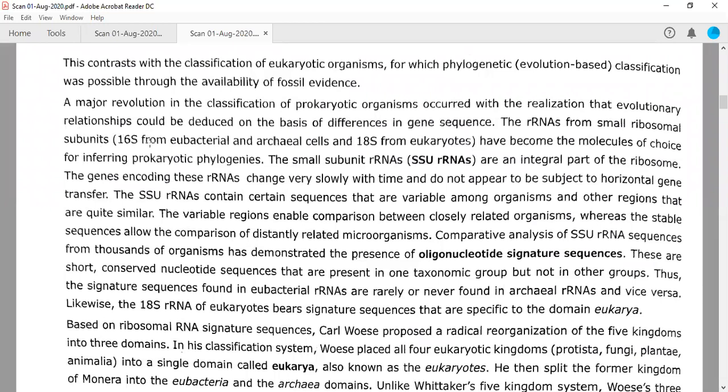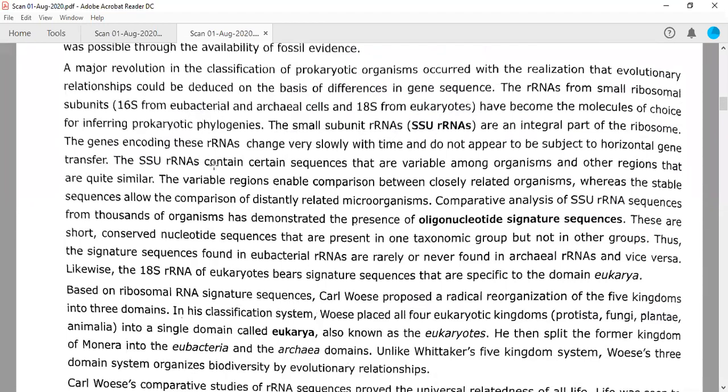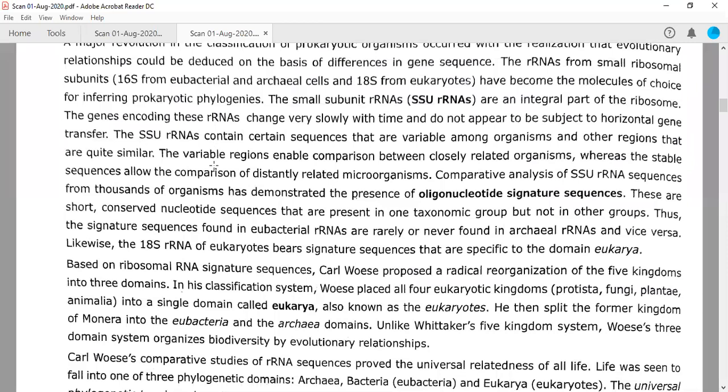This 16S ribosomal rRNA from eubacterial and archaeal cells and 18S from the eukaryotes have become the molecules of choice for inferring the prokaryotic phylogenies. Because we do not have any other option, we need to classify these microorganisms depending upon their 16S or 18S, in the case of eukaryotes, gene sequences.